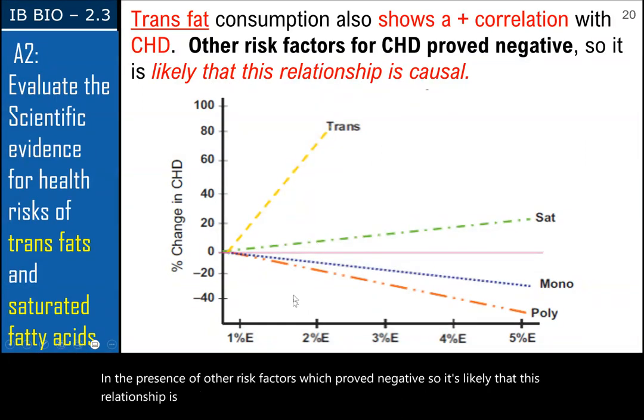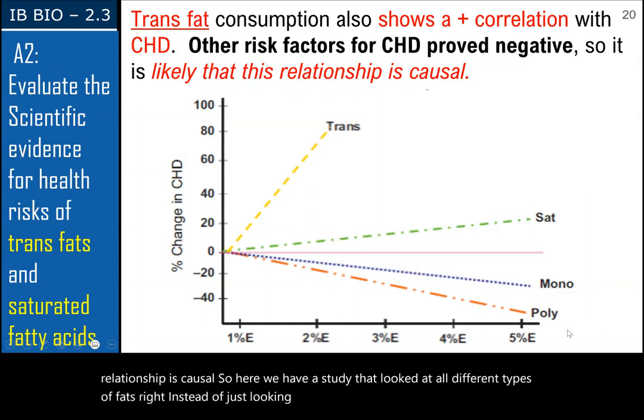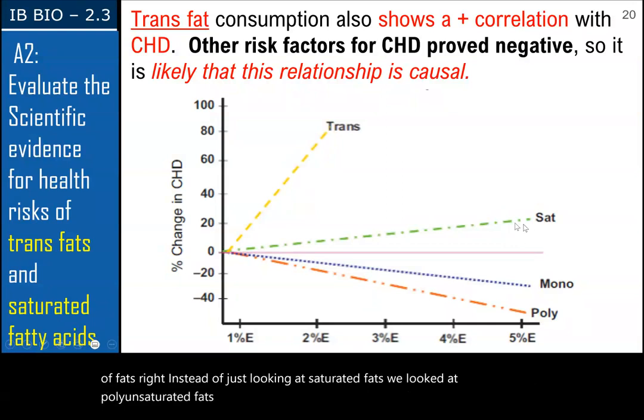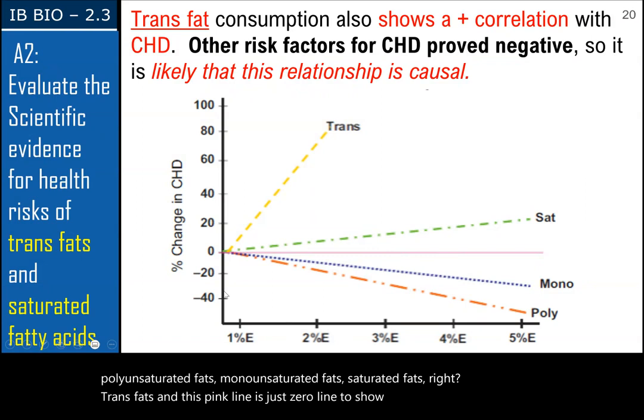So here we have a study that looked at all different types of fats. Instead of just looking at saturated fats, we looked at polyunsaturated fats, monounsaturated fats, saturated fats, and trans fats. And this pink line is just a zero line to show you where zero is.